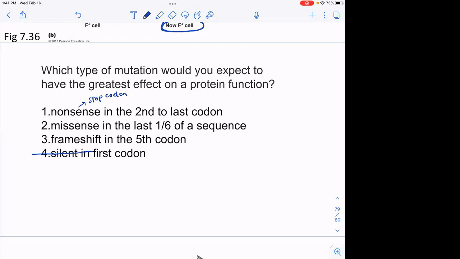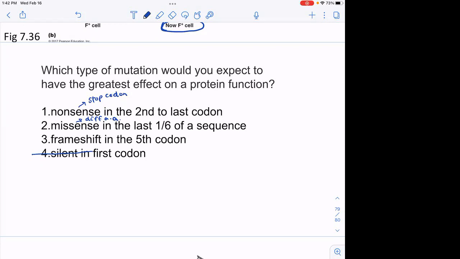But here I said it's at the very end of the messenger RNA, so that actually may not have too much of an effect. Remember, a missense, and here in the last six of a sequence, that doesn't really matter where it is. Missense just means it codes for a different amino acid. Again, I said that might make the protein not functional. It might not have any effect at all.